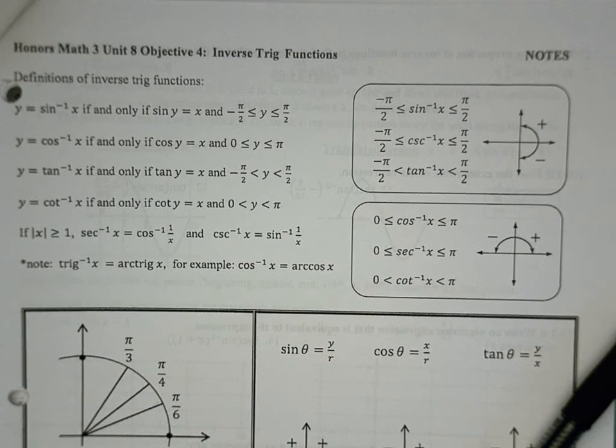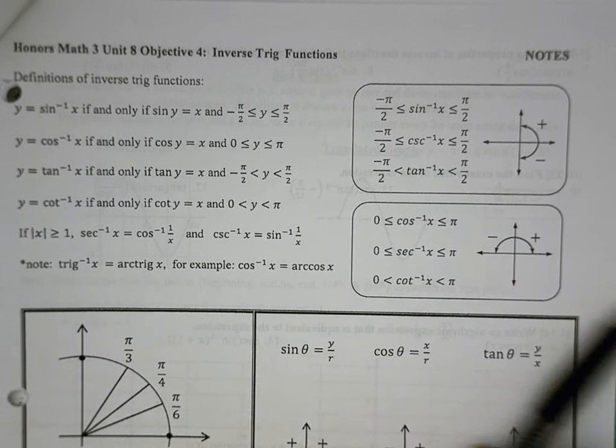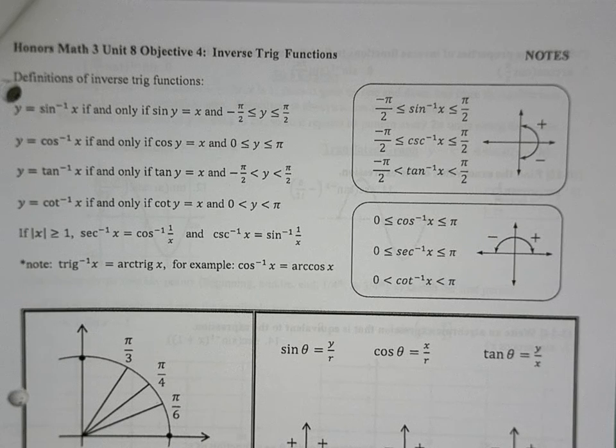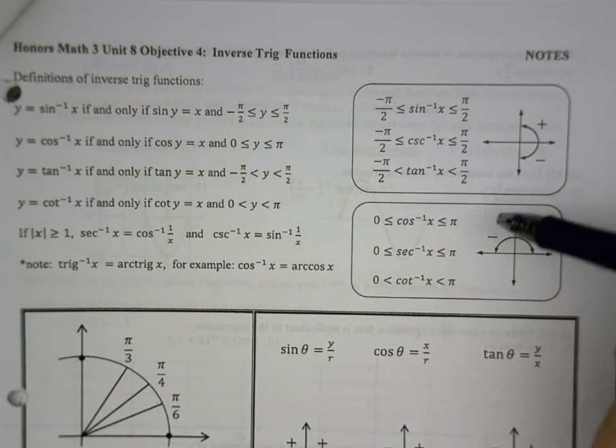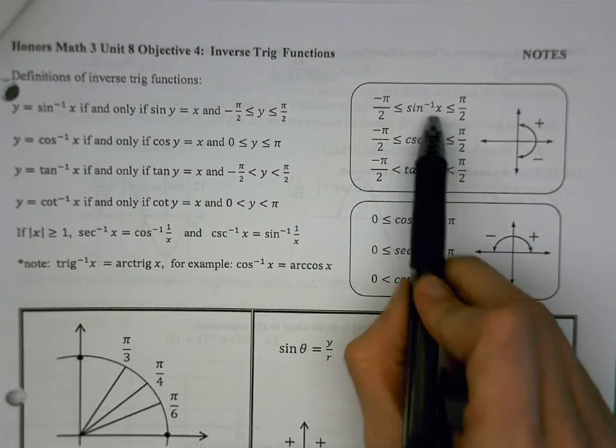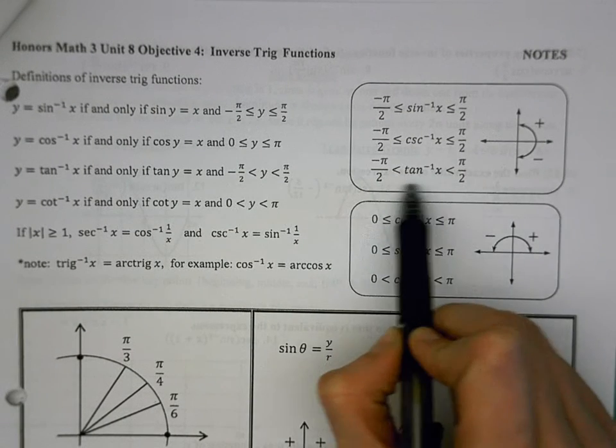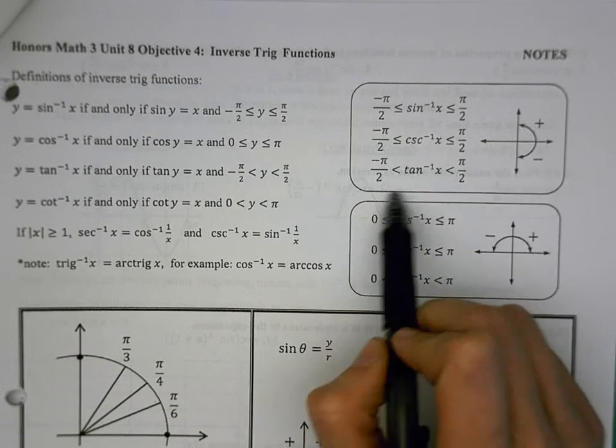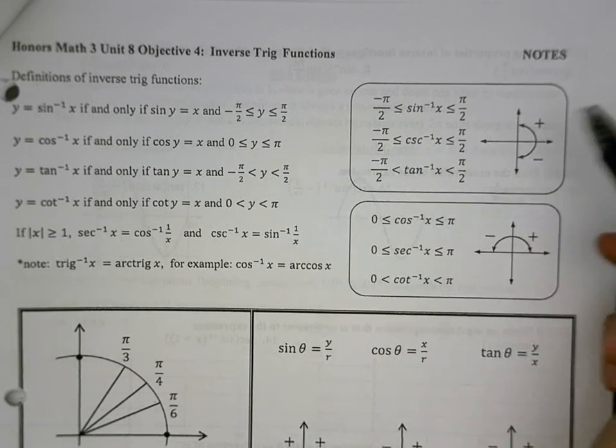Okay. Secant, or I should say inverse secant and inverse cosecant, as the reciprocals of sine and cosine, would therefore also be linked to their respective sine or cosine. Cosecant would go with sine, secant would go with cosine. And so over here we have just a depiction of those restricted domains and ranges. So sine, cosecant, and tangent, again, we will always be naming values between negative pi over 2 and pi over 2.